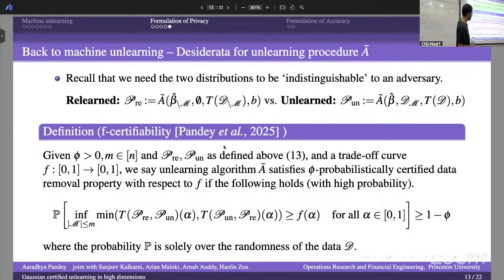I can write it down, maybe after the talk: f, which will depend on alpha, as a function of alpha and epsilon, f subscript epsilon comma delta, and that condition is the same as saying that your unlearning and relearning satisfies epsilon delta privacy or epsilon privacy.